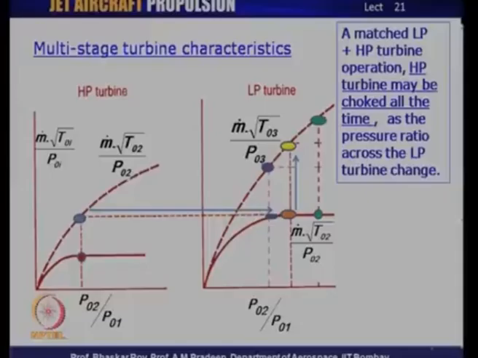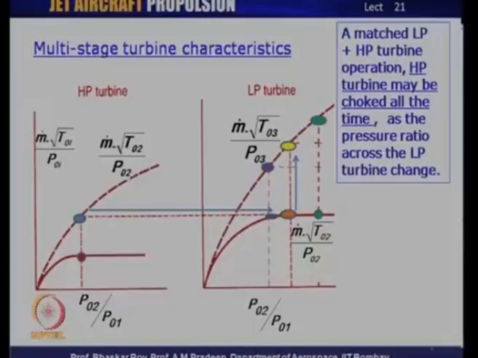When we take the exit condition of the LP turbine and the normalized mass flow parameter, it shows a rising characteristic. That means, with varying pressure ratio, it can continue to show rising characteristics. These characteristics essentially show that both the turbines are capable of working under choked condition.